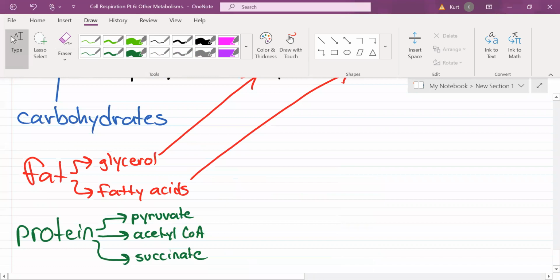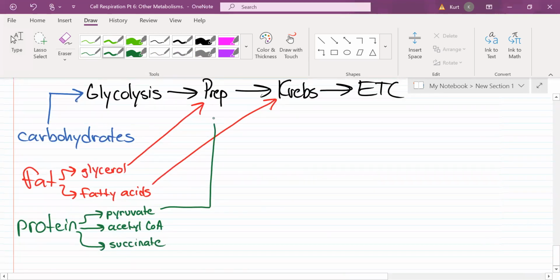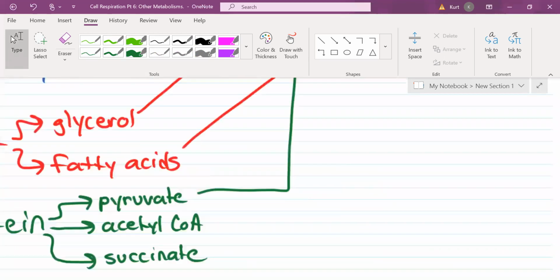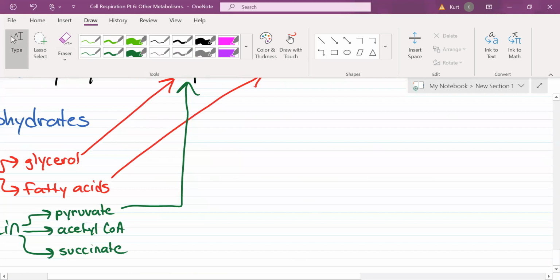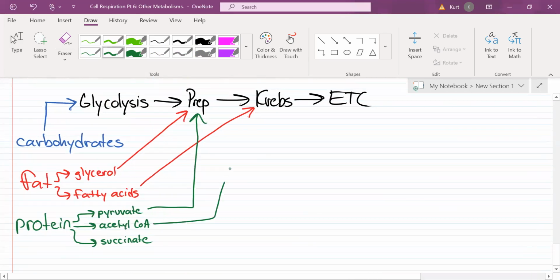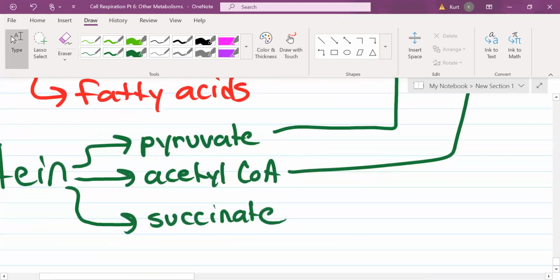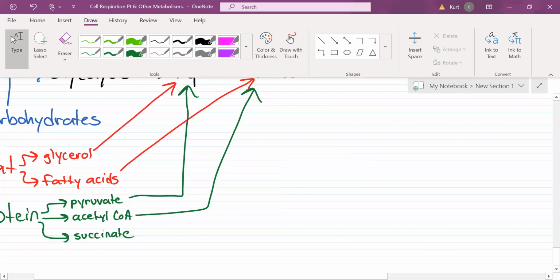Correct. Mitchell, where would acetyl coenzyme A that is made from amino acids enter cell respiration? Correct. The beginning of it. And let's go to Natalie. Where would succinate, which is made from amino acids, enter the cell respiration? The middle of it. Good.